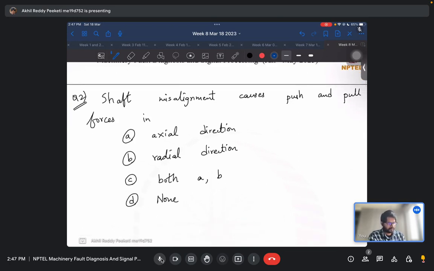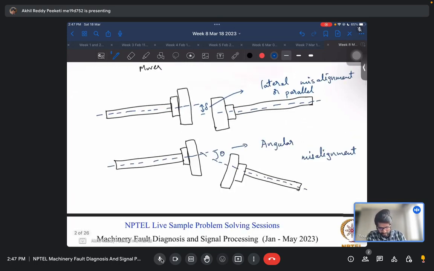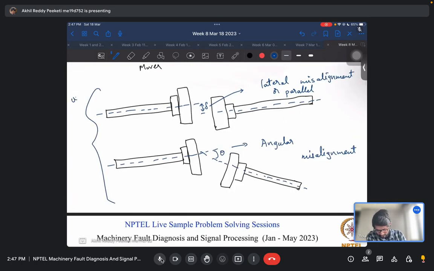Now the next question. These are happening due to uneven foundation.